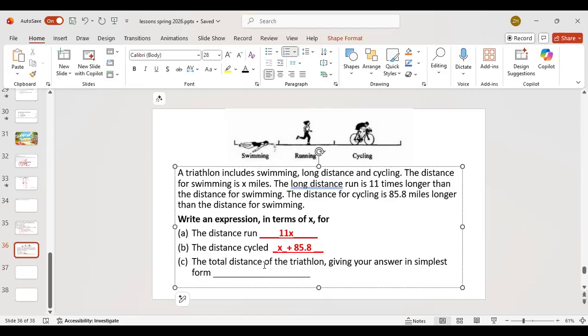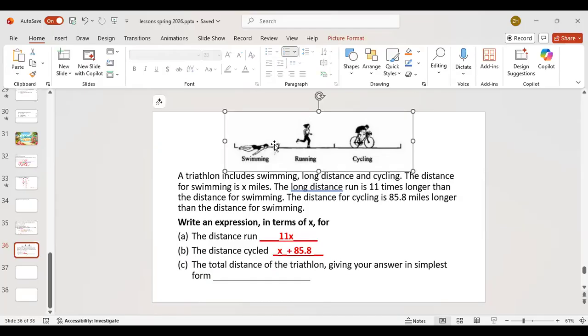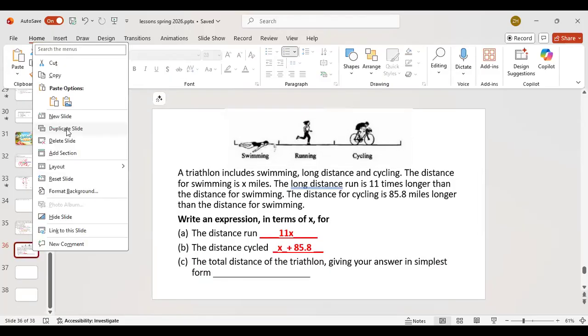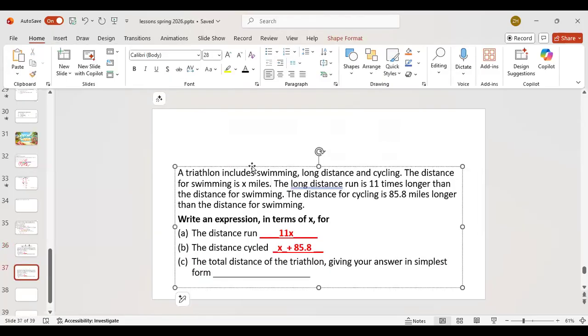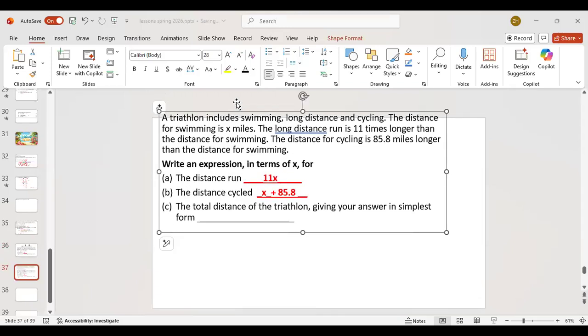So when they say total distance, that means we have to add up all of them. And when we add up all of them, then we have to simplify it, right? Let me move this icon. It's kind of nice, but it's taking up space. So we have the total distance. That's what we need.